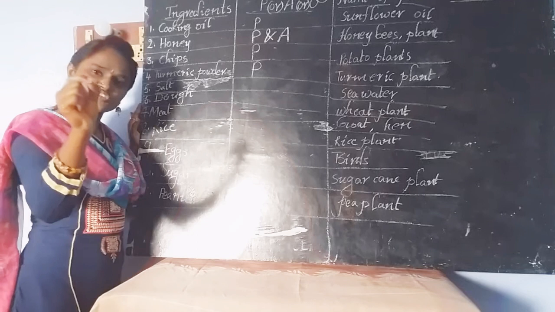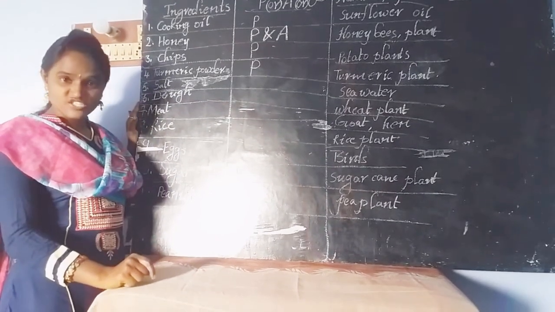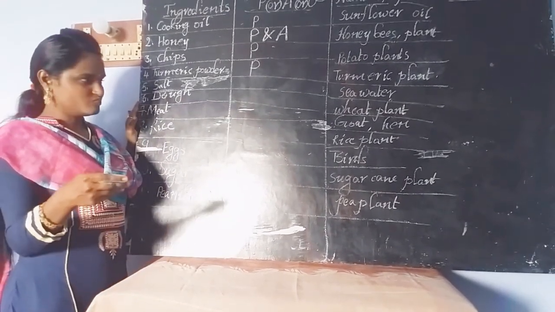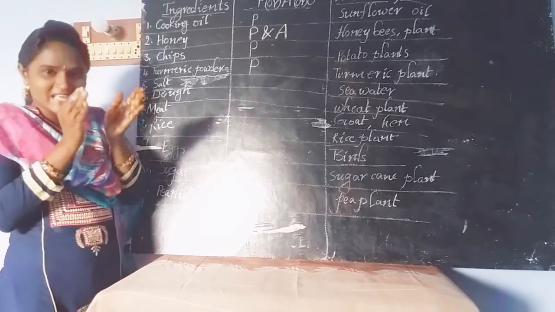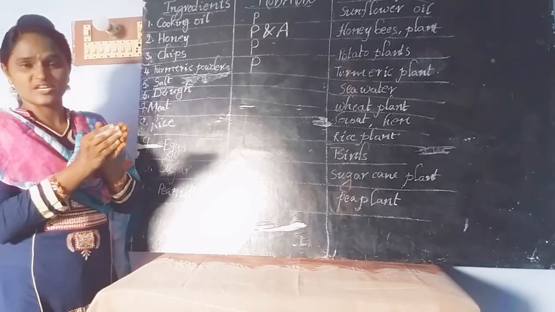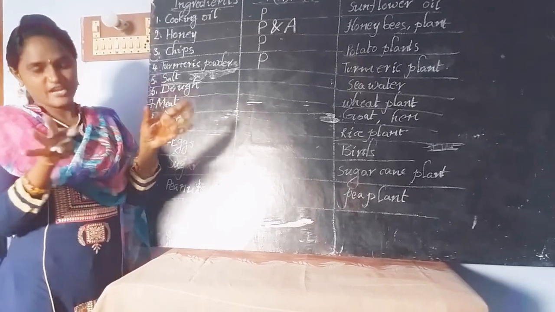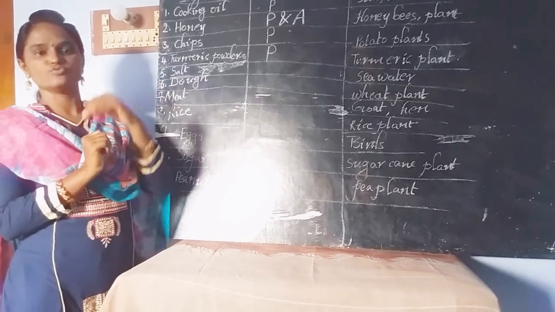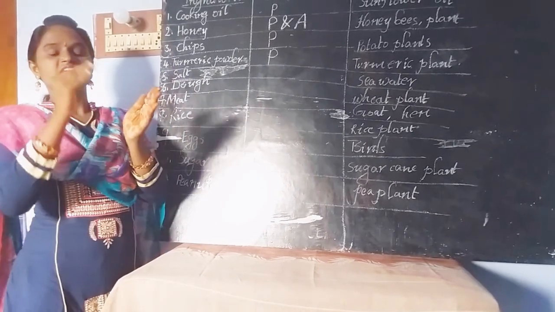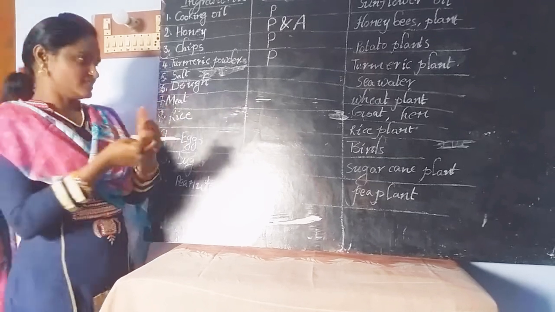If you add very little salt, the taste of the food may not be identified. By adding less salt, the food is not tasty; by adding more also, it is not tasty. We have to add a sufficient amount of salt to the food so that the taste of the food increases.